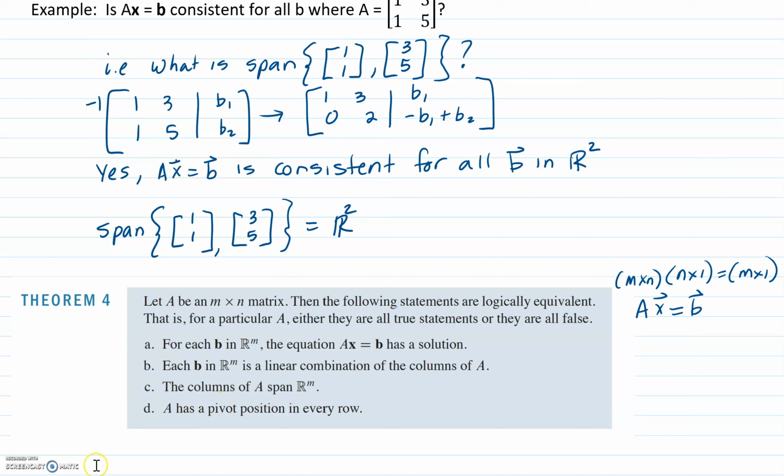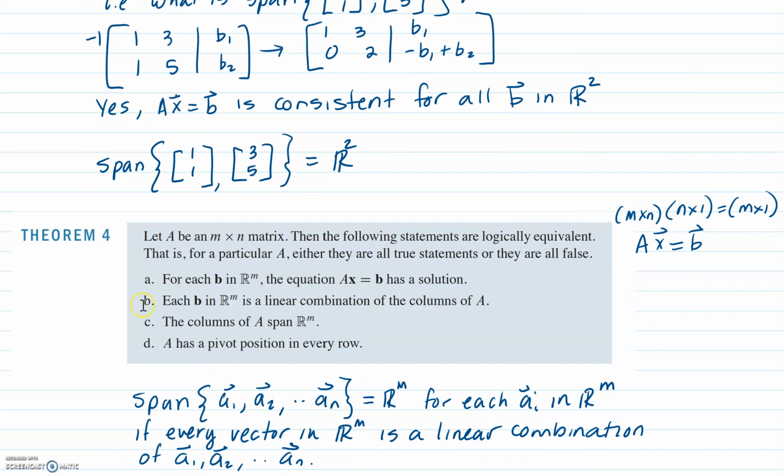Saying it again, the span of a set of vectors equals Rm for each ai in Rm, there's n of them here, if every vector in Rm, that's our B, is a linear combination of a1 through an. So you can see why B is correct there.